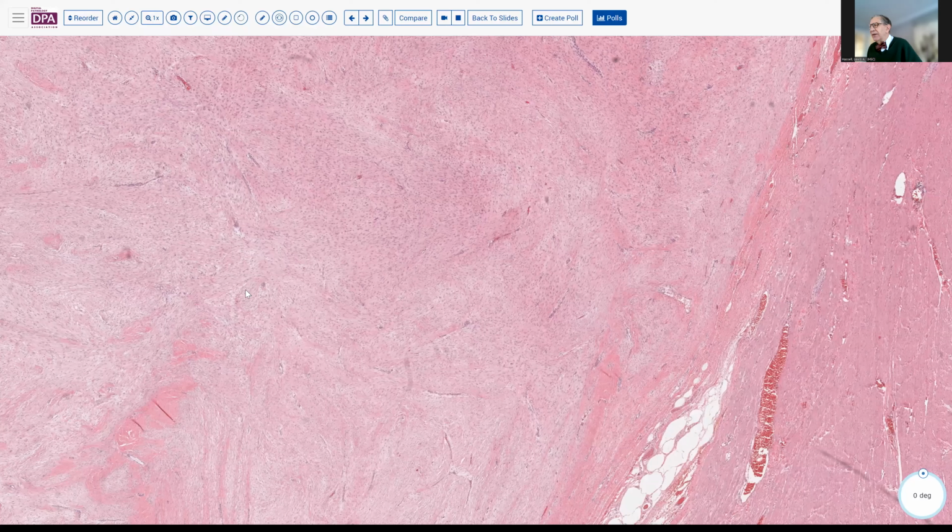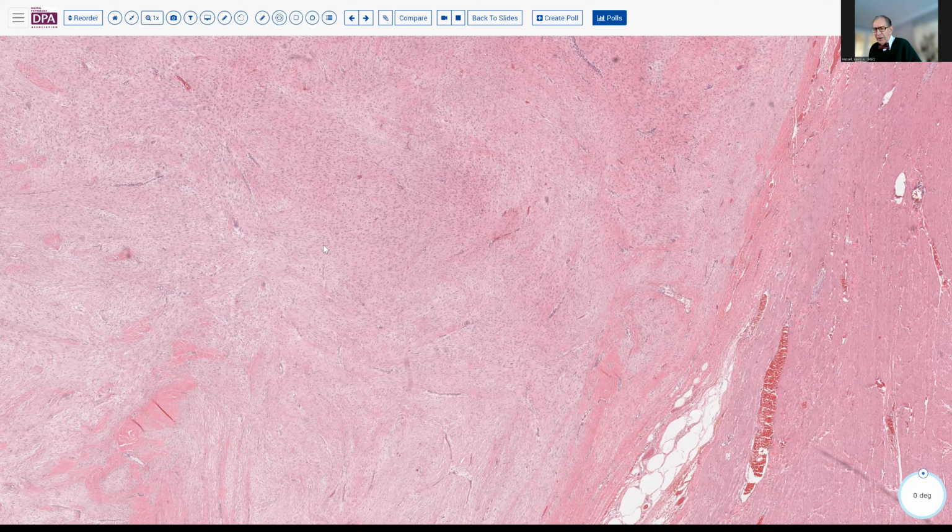And in fact, increasingly, we're asked to make this diagnosis on needle biopsies or smaller fragments of this lesion, because in many circumstances, this is no longer a surgical disease. It can be treated medically with a variety of possible agents.